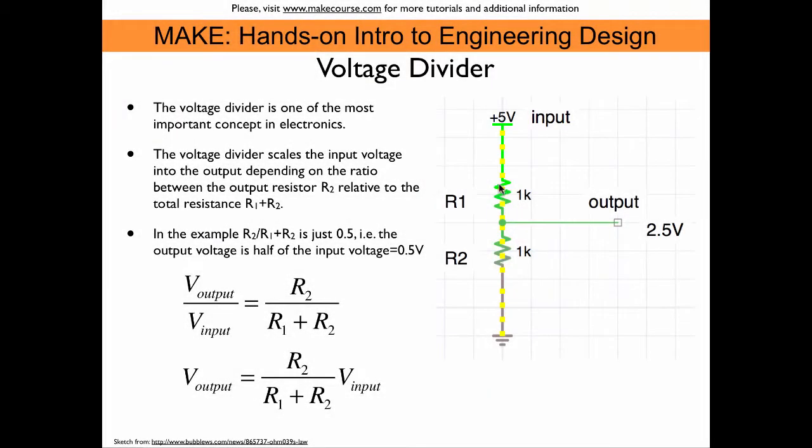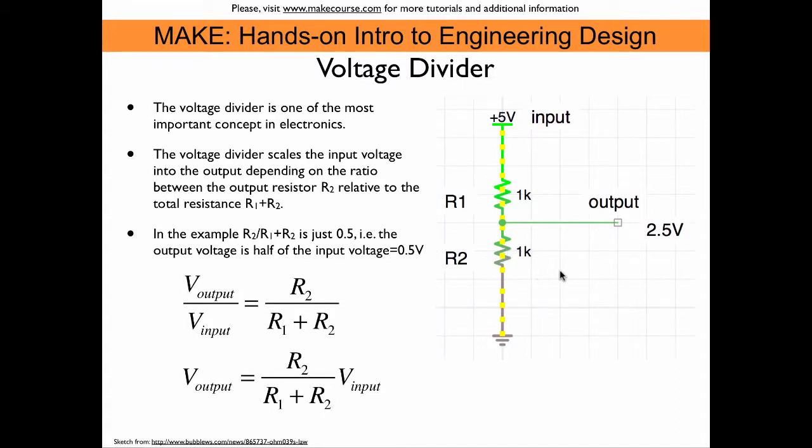If we put two resistors in series in a circuit, then we created a voltage divider. Voltage divider is probably one of the most important concepts in electronics. In essence, it scales the input voltage relative to ground into an output voltage that is smaller depending on the ratio between these two resistors.